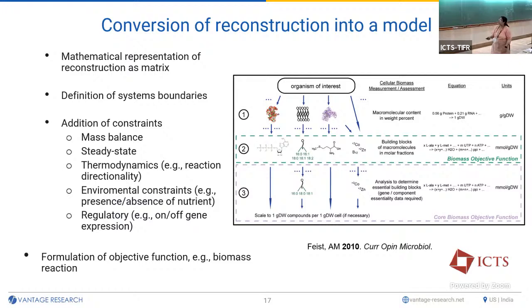That is what is fed, if you see here. We start from protein, RNA, DNA and everything. We also move on to the level of amino acids, fatty acids, and sorry, nucleic acid bases. So both macro and micro level information is fed to formulate your objective function.